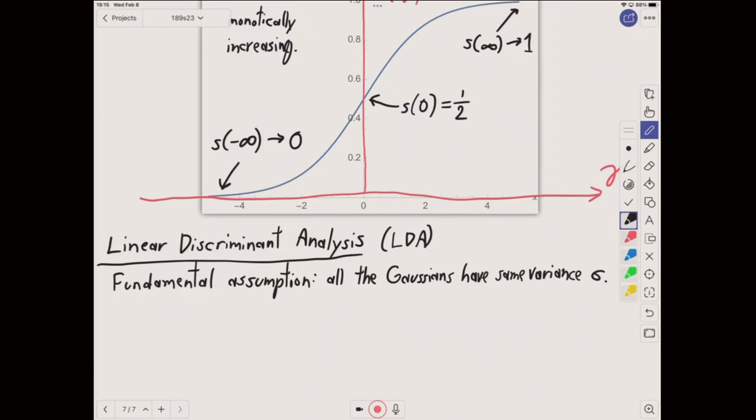The nice thing about this assumption is that if sigma is the same for every class, then the equations simplify nicely. Specifically, when you look at the decision function, QC minus QD, the quadratic term in QC cancels out the quadratic term in QD, and you're left with something that's linear. The quadratic parts just disappear. And so here's the linear part that's left over.